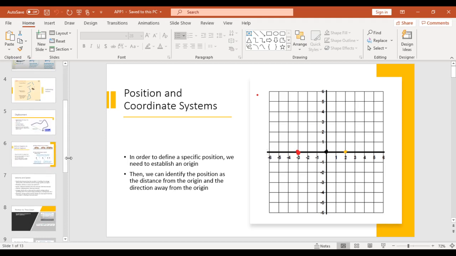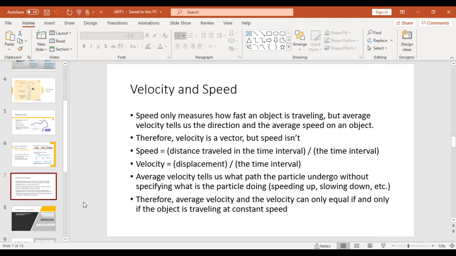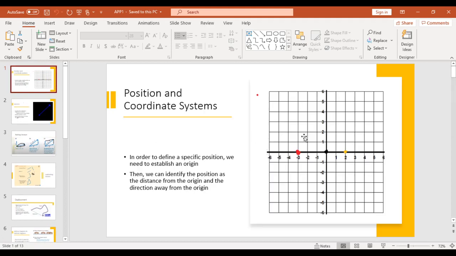Well, 5 meters over 5 seconds would equate to about 1 meter per second as my average velocity, right? Now I want to make this very clear. Average velocity only tells us the path the particle is undergoing. It doesn't tell us what's going on overall. So what I mean by that is just because I go from the red dot to the yellow dot at 1 meter per second as my average velocity doesn't mean that I've been doing that the whole time, right?